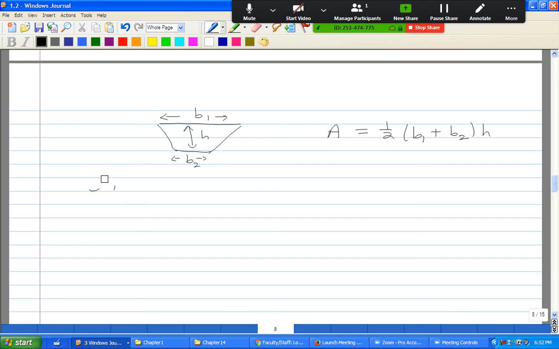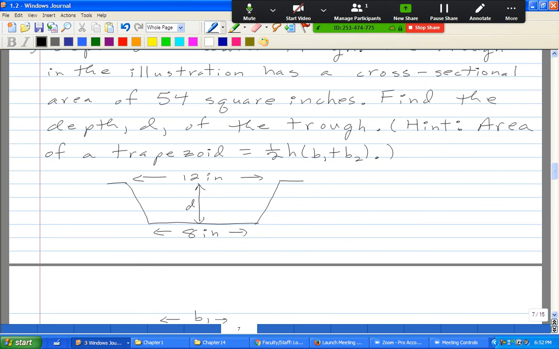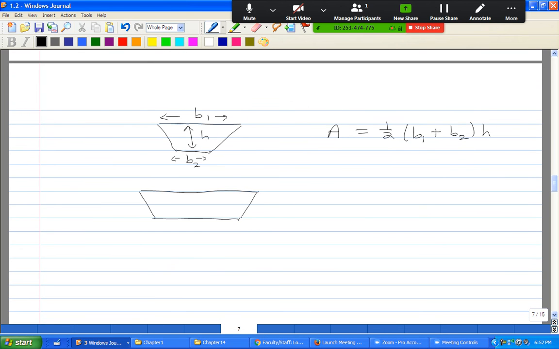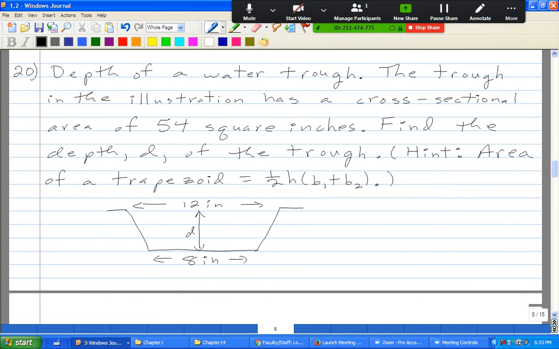Oh, and I guess I should draw what they're telling us. And so this has a 28 in D. So this is 20, 8, and this is D, and the area is 54 square inches.